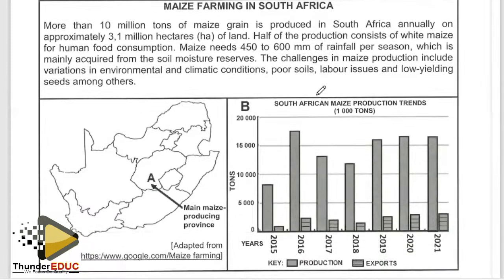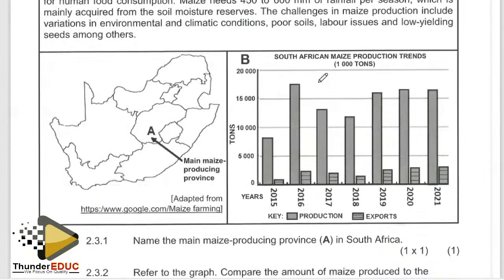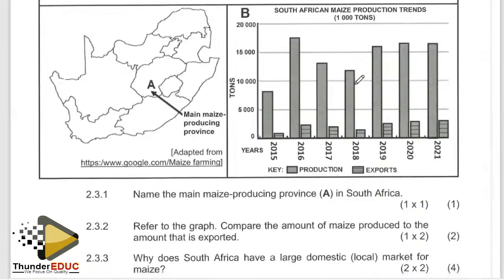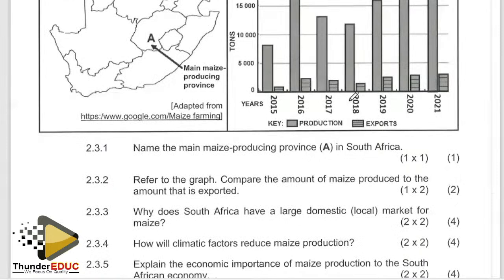The challenges in maize production include variation in environmental and climatic conditions, poor soils, labor issues, and low yielding seeds, among others. The map here shows the different provinces and where maize is grown. Somewhere here we have the graph. First question is, name the province A on the map. Province A on the map is Free State.